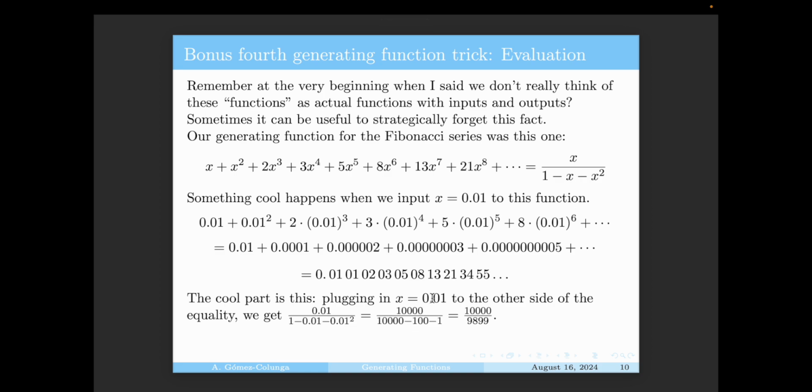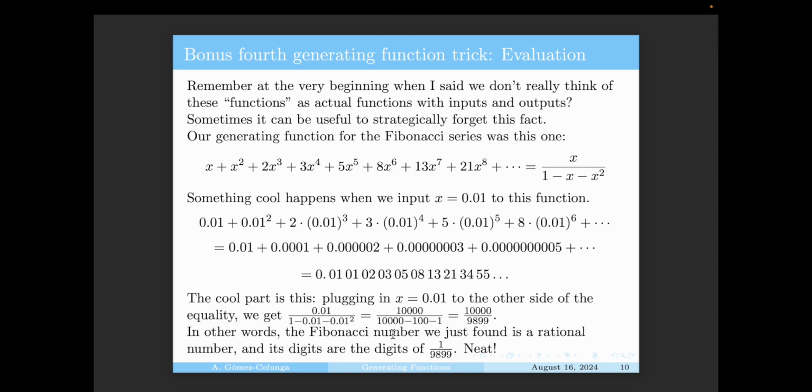So if we plug x equals 0.01 into the other side of the equality, we get this expression here, which simplifies to 10,000 divided by 9,899.